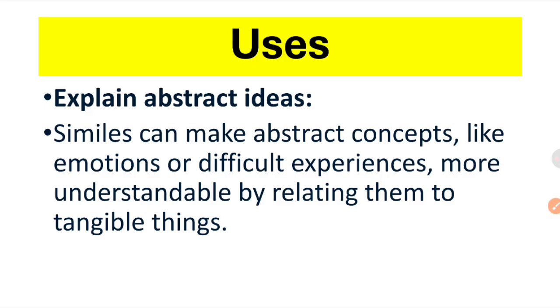Because you can't see somebody's activity, or you can't imagine how hardworking someone is, but you can easily understand someone is hardworking if we compare her hard work with the hard work of a bee, because you know about a bee that it is always active, all the time active, and it is known as hard working.